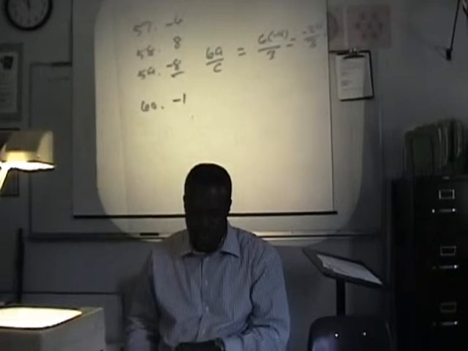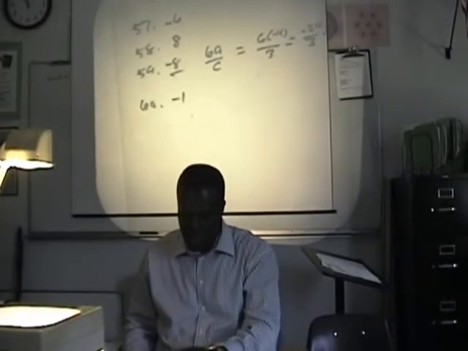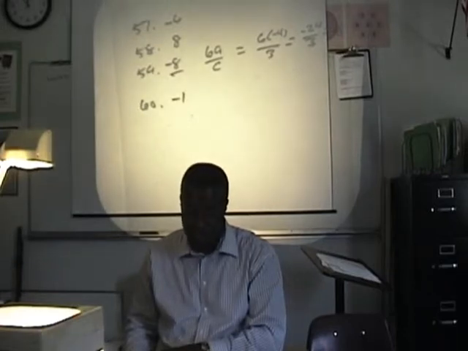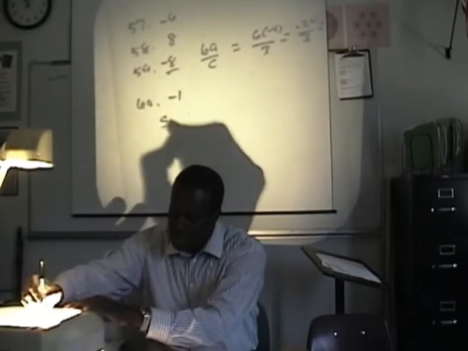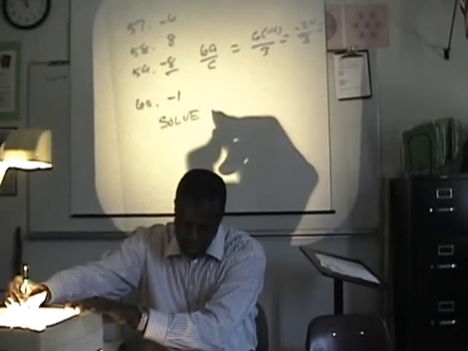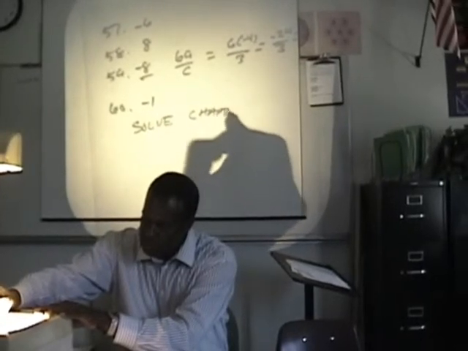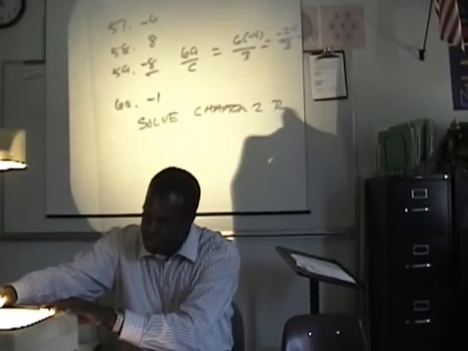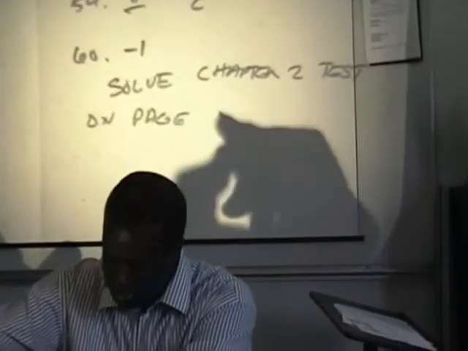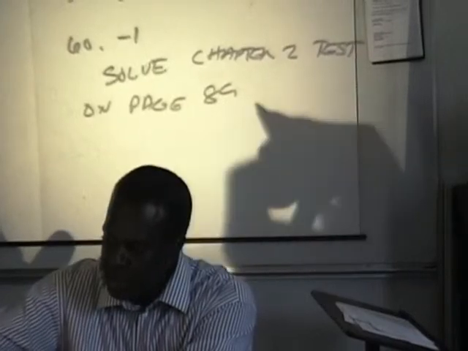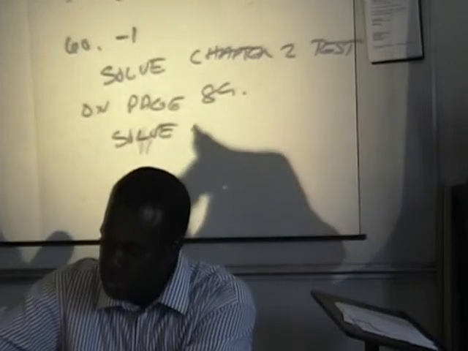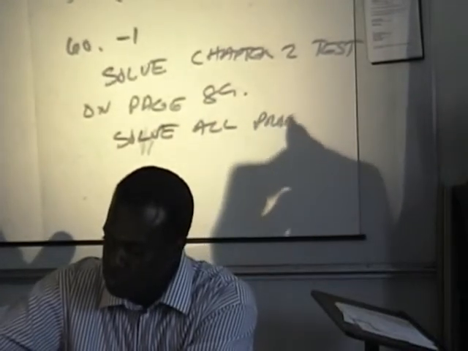Okay, so what I'd like for you to do, class, study for the test tomorrow. If you have time remaining in class, go ahead and solve the Chapter 2 test on page 89, and I want you to solve all problems.